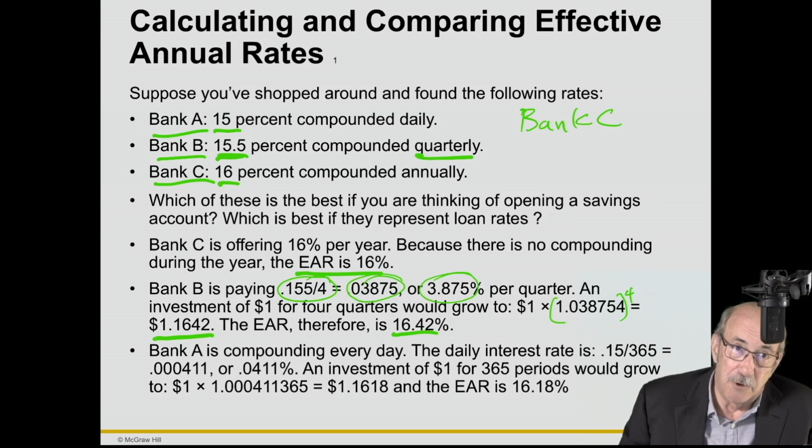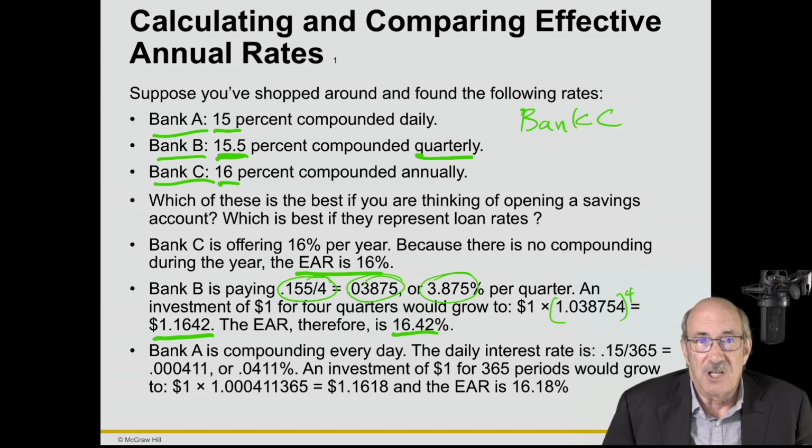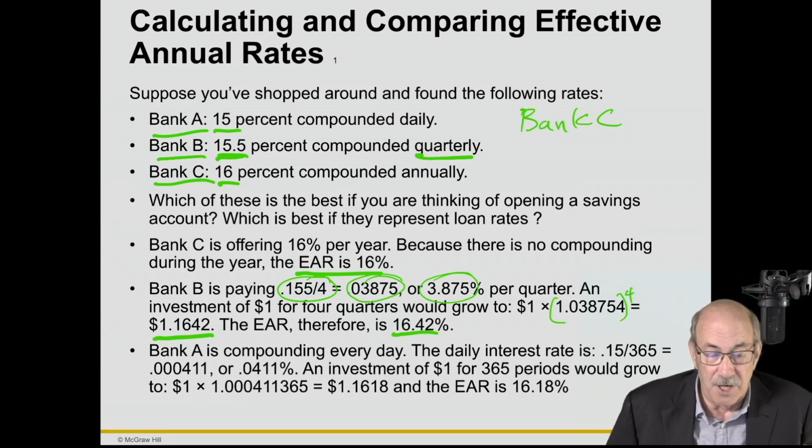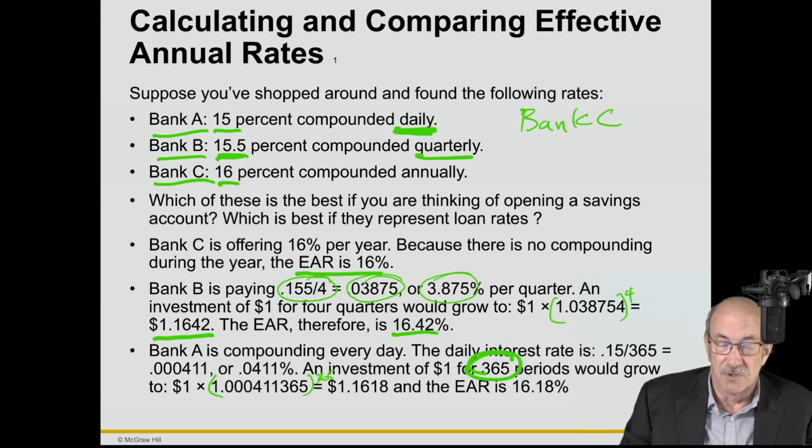So if we were lending, in other words, a savings account or some sort of CD, money market, we would want the rate that Bank B is offering. Now let's see what A is doing, because A is daily compounding. So there are 365 compounding periods in a year. And when that's the case, and again, there's an error here, this should be 365, 1.0004. So in other words, the daily rate, where the APR is 15%, would be 0.0411%.